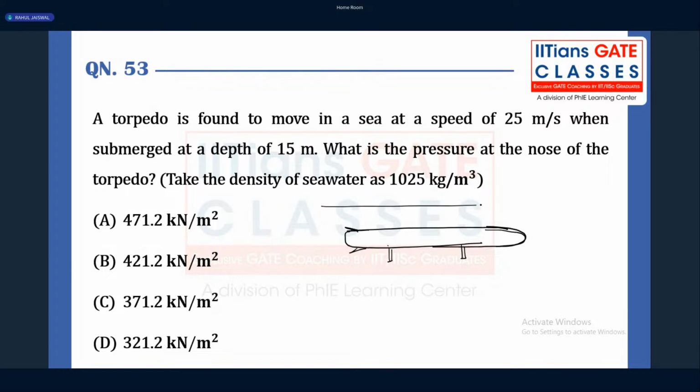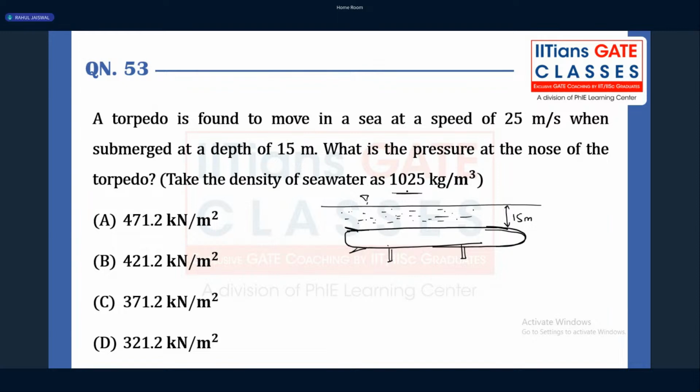Let's say it is moving in a sea at a depth of, for example, 15 meter. The sea water has slightly more density than normal water, which is given as 1025 kilogram per meter cube.